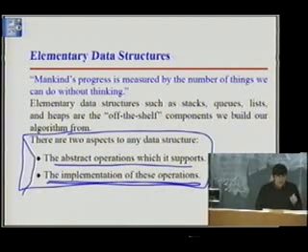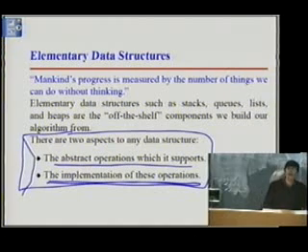For many of the basic data types, like let's say priority queues, let's say dictionaries, these are the important ones. There are many different implementations that you can use under the hood to make a dictionary. And realizing what the trade-offs are between one implementation and another makes a big difference.